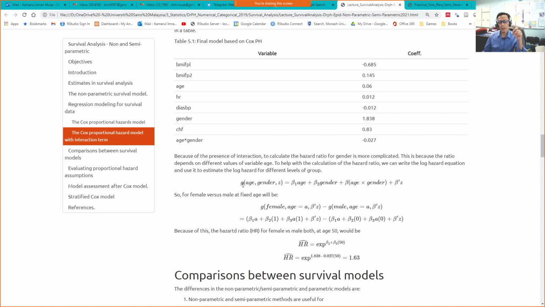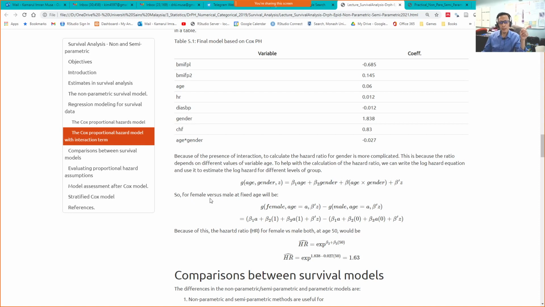You know that the log hazard equation for age and gender with other covariates equals beta_1 age plus beta_2 gender plus beta_3 age times gender plus other covariates that do not interact.